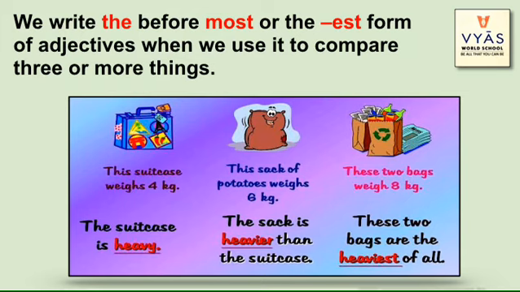So the sentence we would write here will be, these 2 bags are the heaviest of all. So while comparing 3 things, we use the est form and we place the before it.